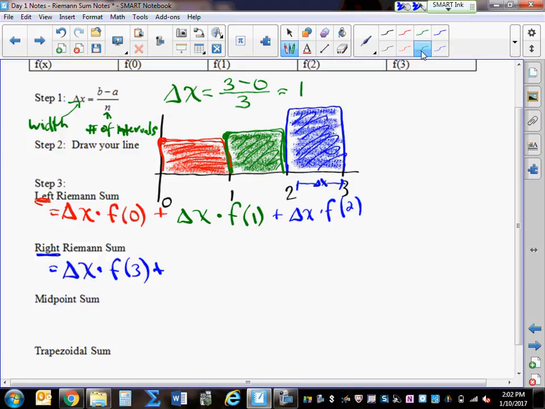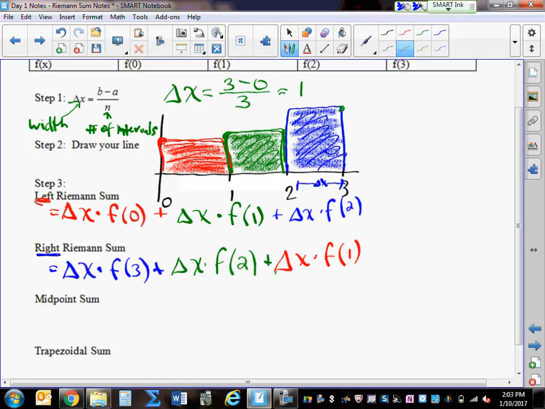Now for my next rectangle, the green one, delta x times, instead of f of 1 being my height, f of 2 is now my height. So again, starting on the right side. And then last I have delta x, this is my red rectangle, times f of 1. So again, you'll notice it's the rightmost.